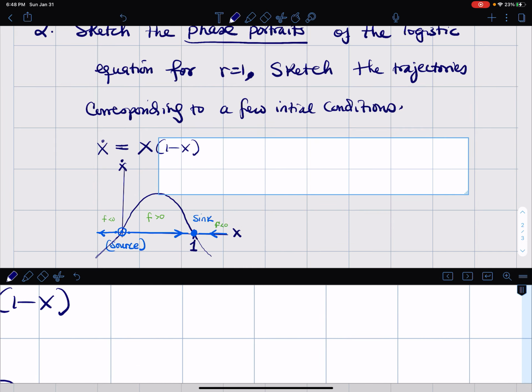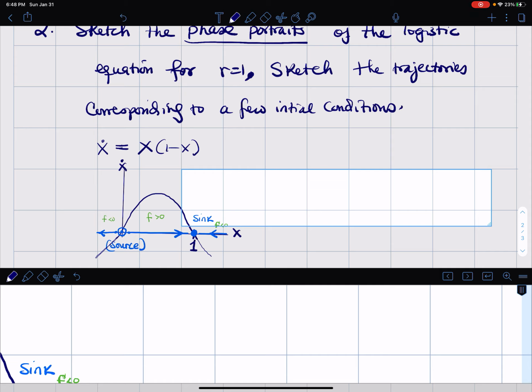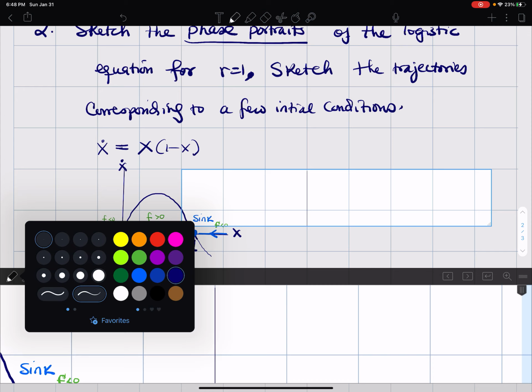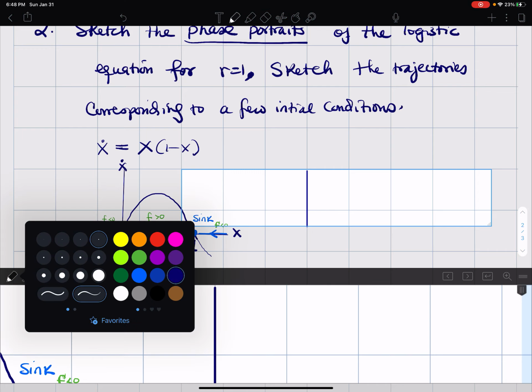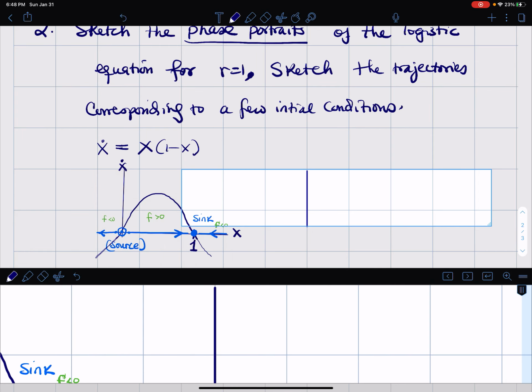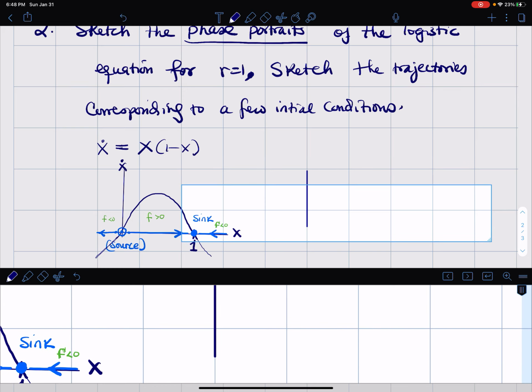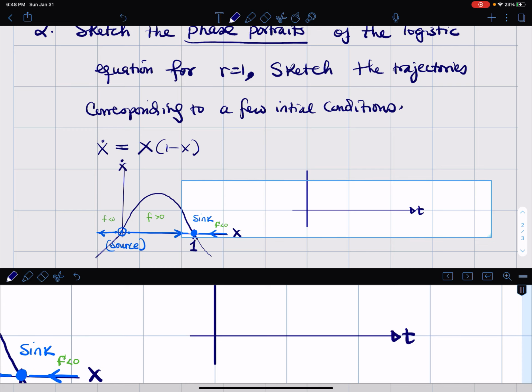All right. So now let's sketch a few trajectories. So I'm going to draw this here. Make it a little bold. Okay. If that's the case, we have x equals 0. Let's make this our t-axis. This is our t-axis. This is where x is equal to 0.